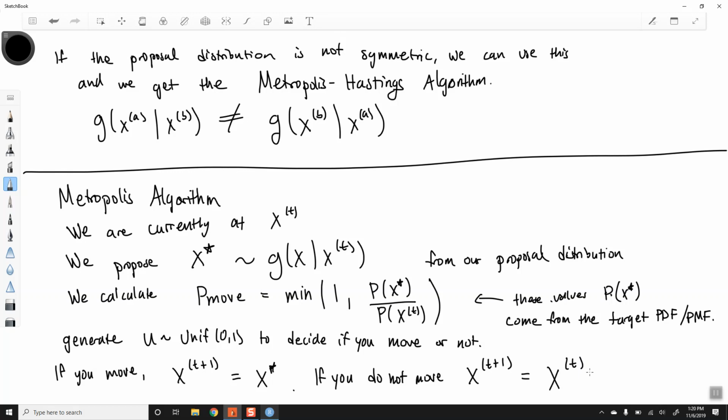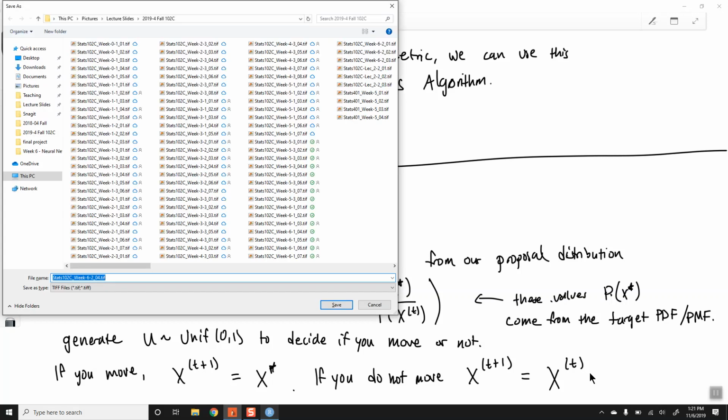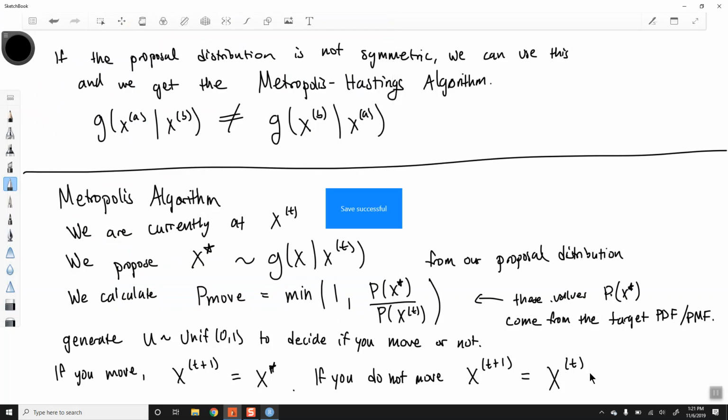The current value gets used again. And that's the Metropolis algorithm. There's some really great stuff about the Metropolis algorithm.